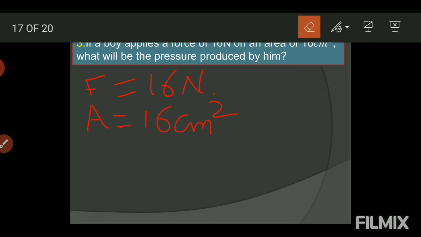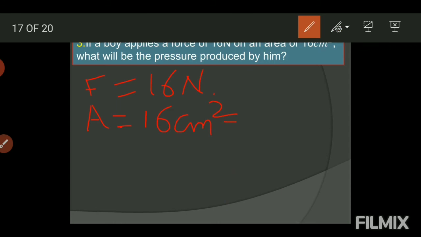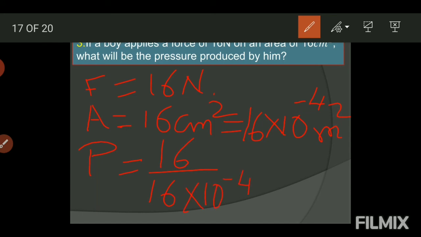So now let us find out the pressure produced. So here, as we had got 10 to the power minus 4, you multiply 16 into 10 to the power minus 4 and you get the area in meter square. Now pressure is equal to thrust upon area.